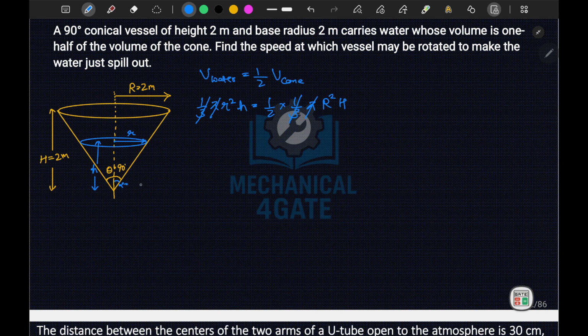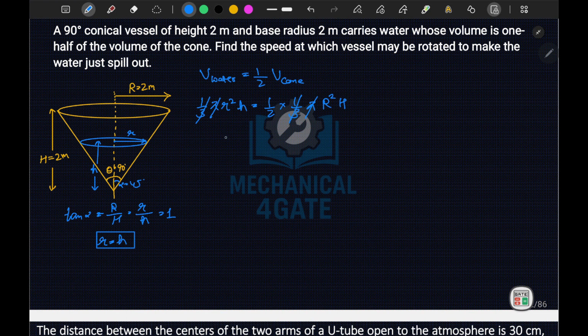This angle alpha is equal to 45 degree, so tan alpha is equal to r by h, which is equal to 1 because tan 45 is 1. So I can say that r is equal to h, which is already given in the question.